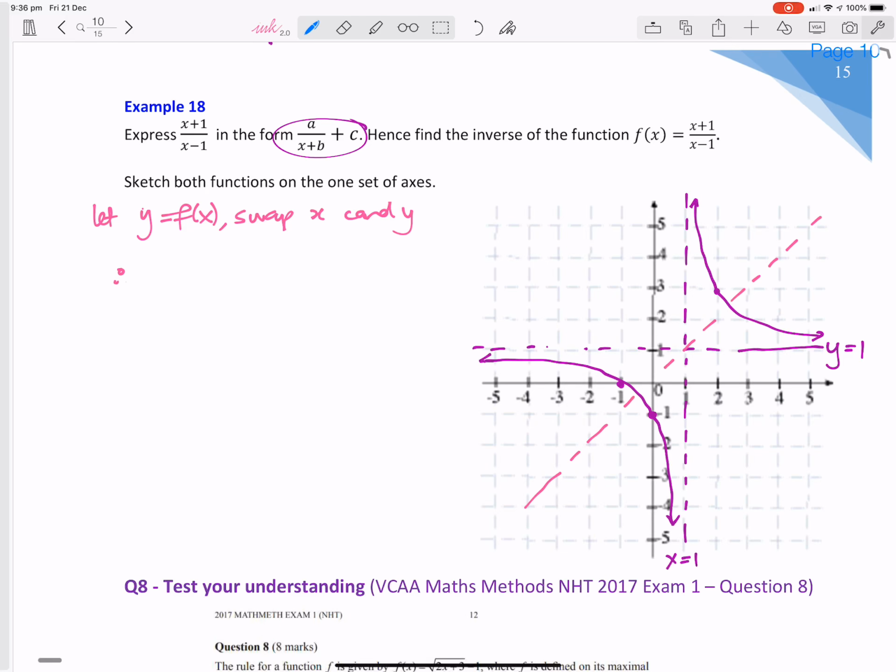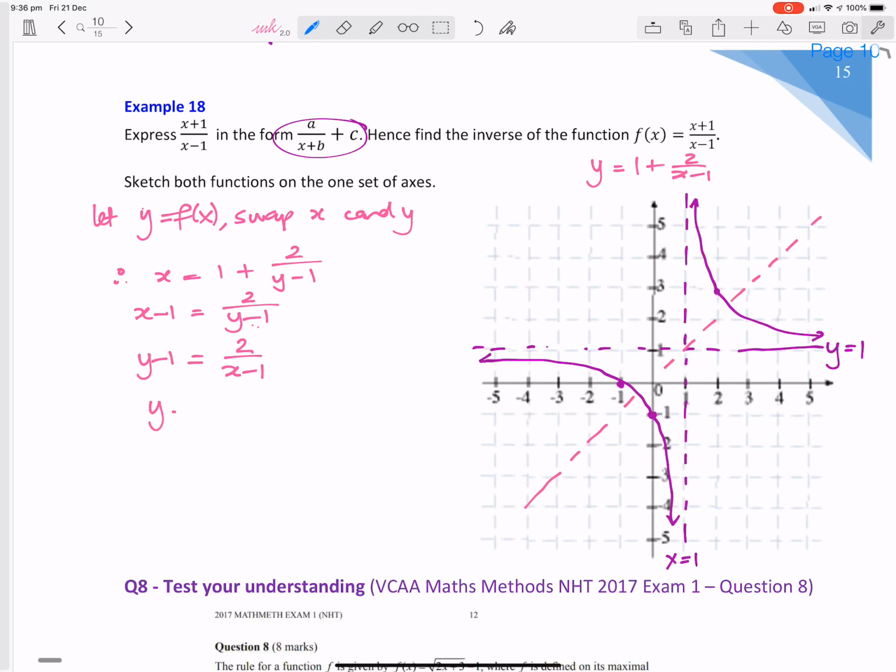So therefore, now we know that this was y equals 1 plus 2 on x minus 1. So we get x equals 1 plus 2 on y minus 1. X minus 1 is equal to 2 on y minus 1. Switch these two. Y minus 1 is 2 on x minus 1.